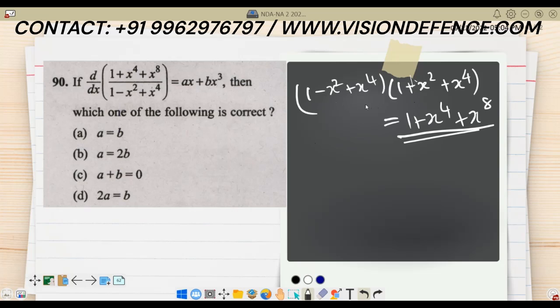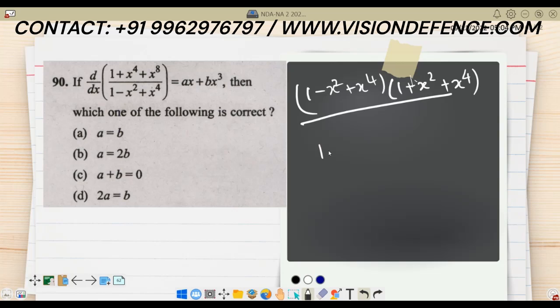Which means that the numerator can be written like this, and in the denominator we have 1 minus x square plus x power 4. These two will get cancelled. We will be left with 1 plus x square plus x power 4.